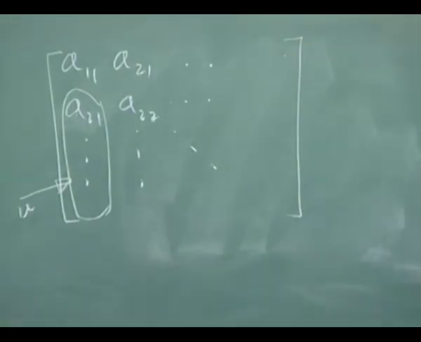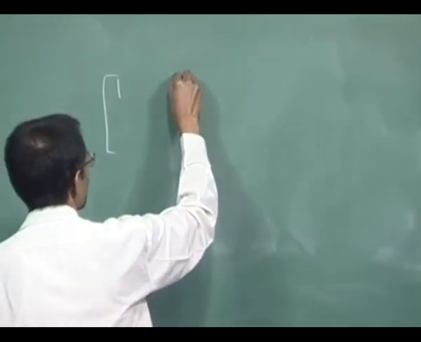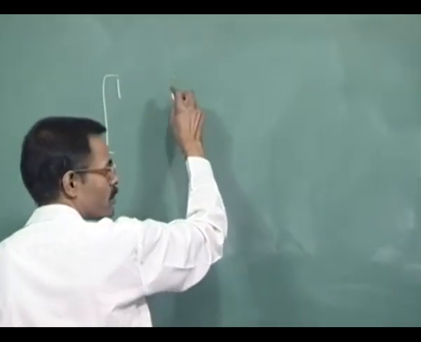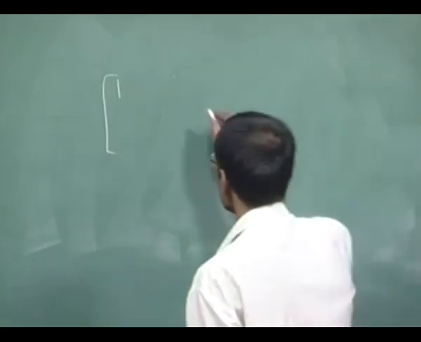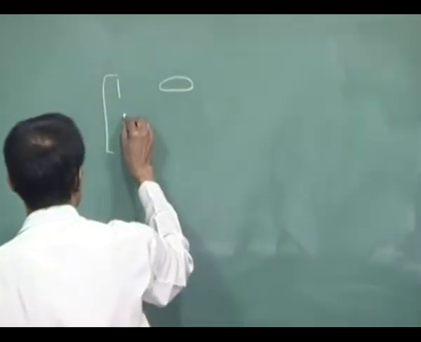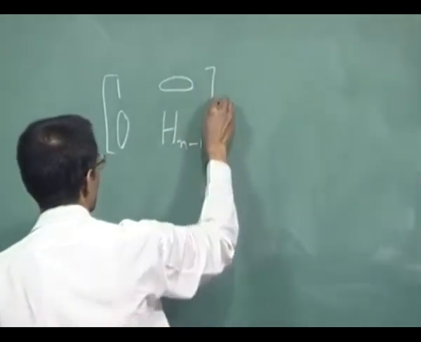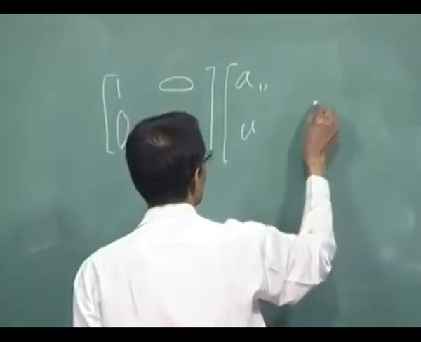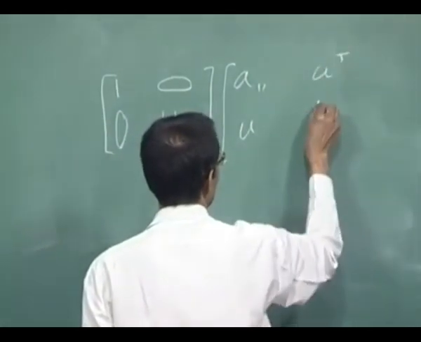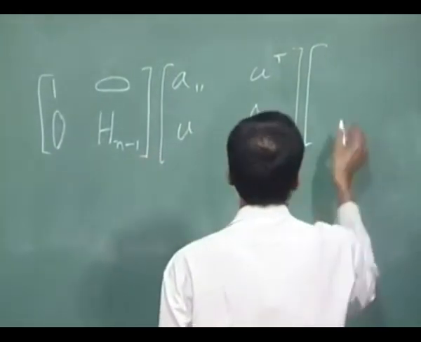You can see immediately, we have got P_1, 0 row, 0 column and H_(n-1) here, then A, which has a_11, u on this side, u transpose on this side, and A_1 here, and again the same P.